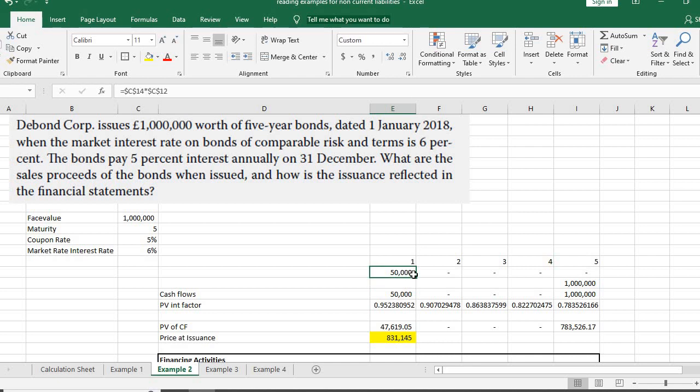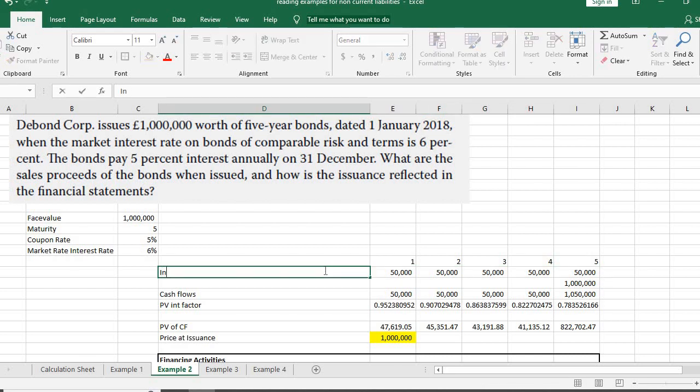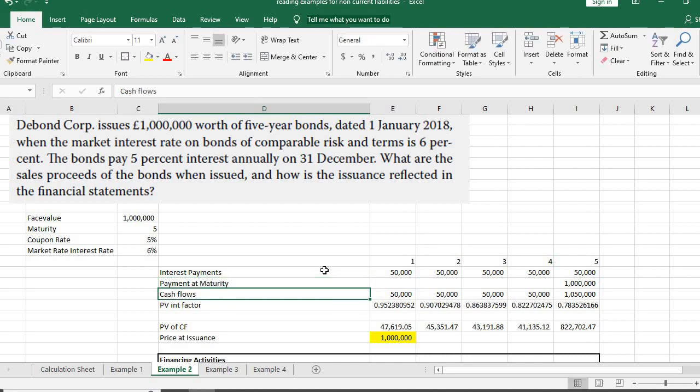Since the coupon rate is the same, the interest payments are the same, with payment at maturity, giving annual cash flows.